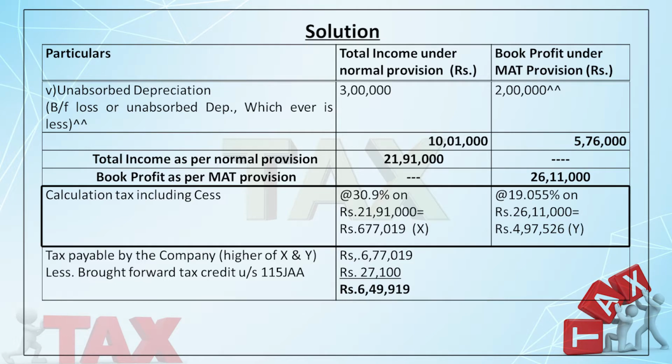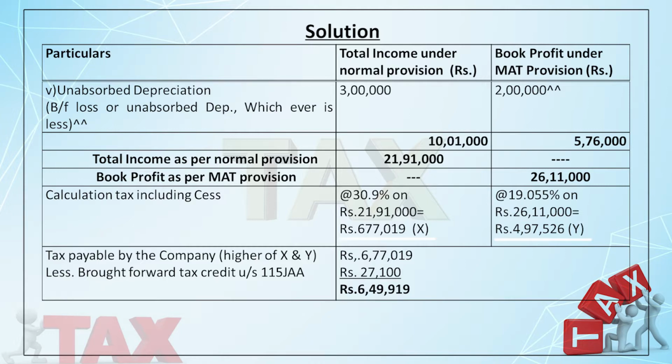What the provision says, as per the provision of the Income Tax Act, the company is liable to pay the higher of the tax liability computed under normal provision and the tax liability under MAT provision.